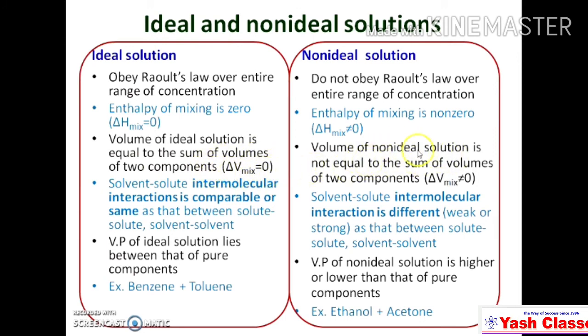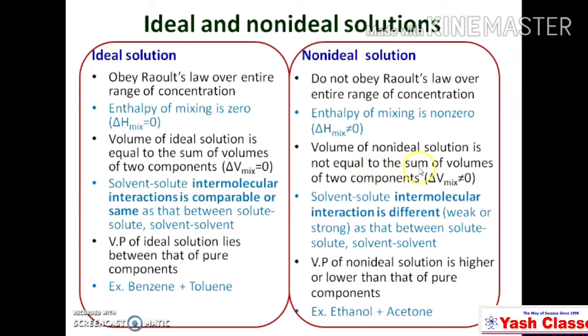Whereas in case of non-ideal solution, the resulting volume of solution is not equal to sum of volumes of two components. It means at the time of preparation of non-ideal solution, when 100 ml solute is mixed with 1000 ml solvent, then resulting volume may not be exactly equal to 1100 ml.